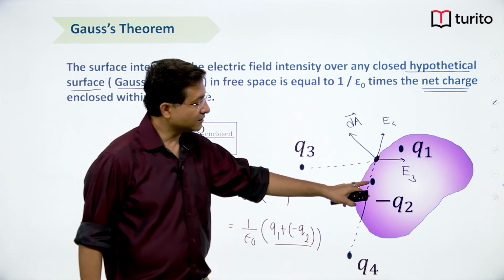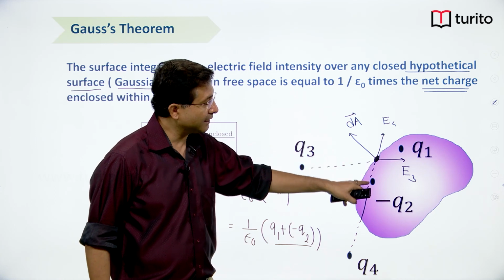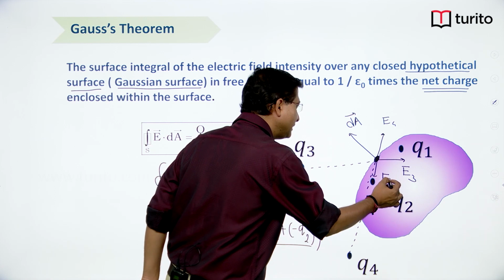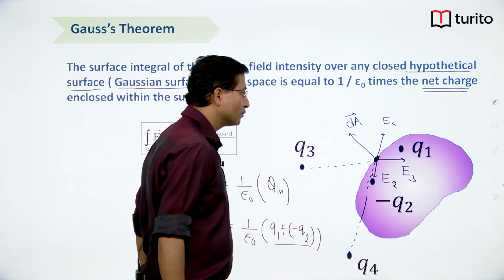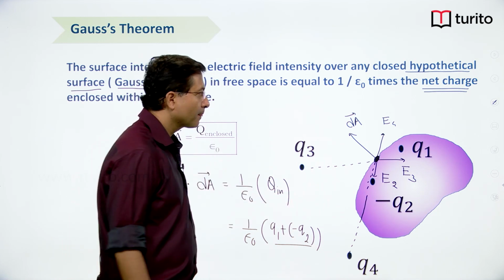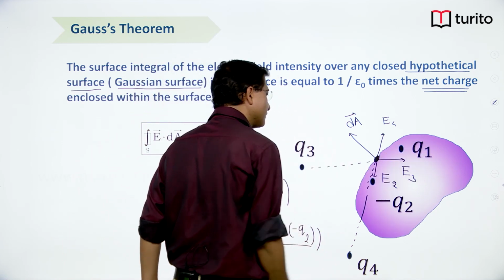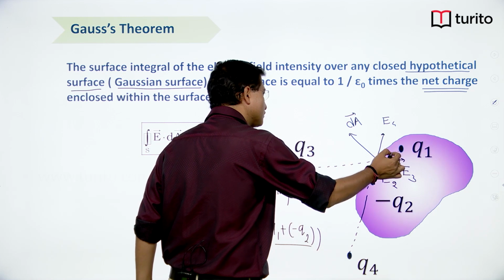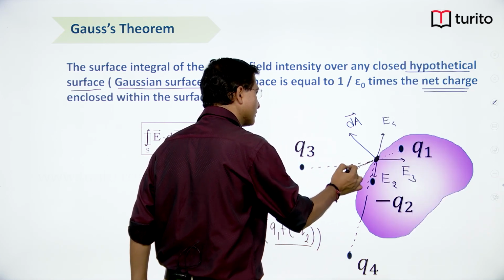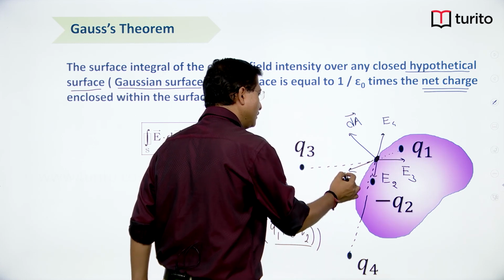Look at this negative charge, it will produce field at this point towards the charge, that is E2. I have considered it in this direction because the charge is negative, right. And this positive charge will produce field here in this direction, E1.